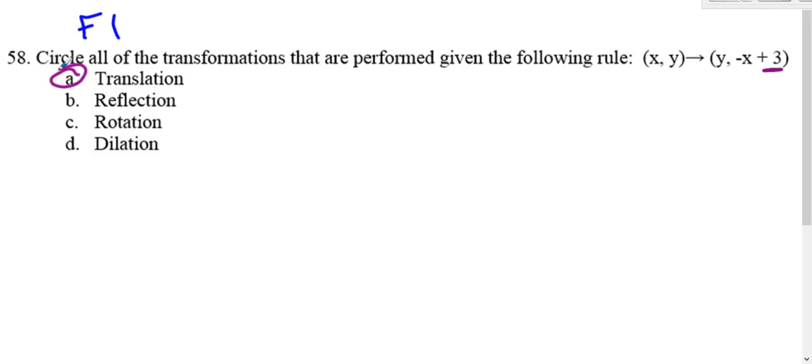That is a rotation, specifically of 270 counterclockwise, but it's a rotation. A dilation would involve multiplication, like 3x, 3y, something like that. Reflections do seem similar to rotations, but different rules.